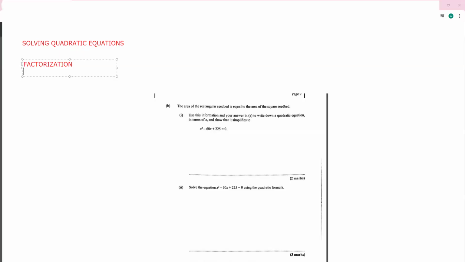The second one would be by using the quadratic formula. The third is by completing the square.